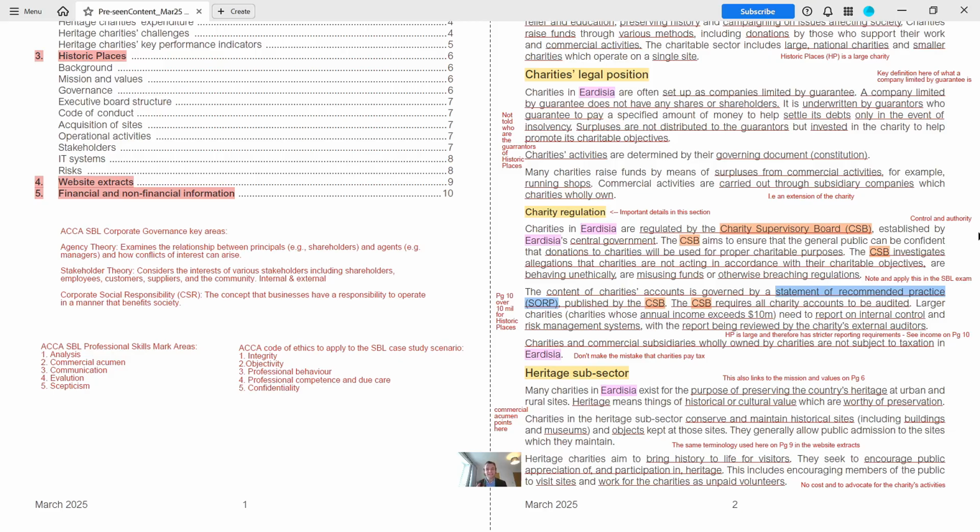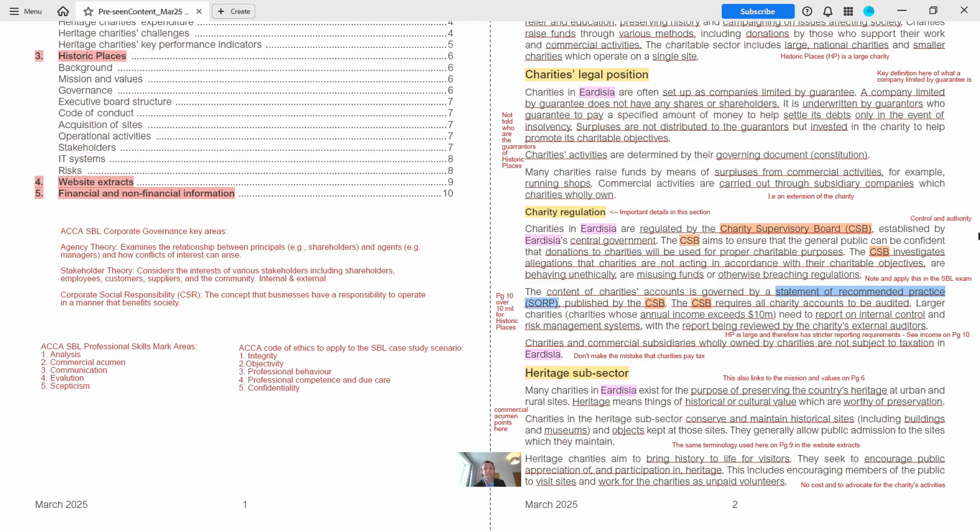And this is all still in ACCA, and they are often set up as companies limited by guarantee. So charities are often set up as companies limited by guarantee. And the key there, you can see in my notes, key definition: a company limited by guarantee does not have any shares or shareholders, linking back to agency theory we just touched on.